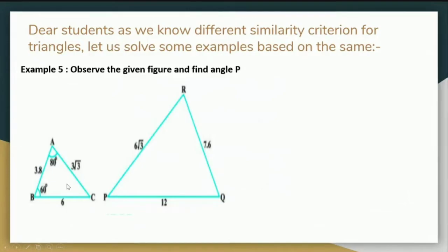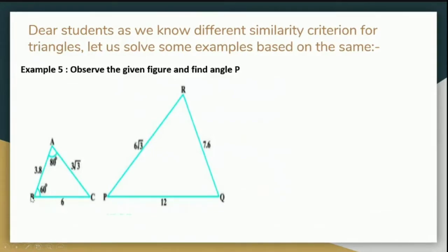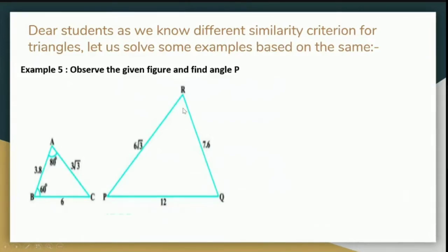Now keep in mind the correspondence. If I go from 3.8 to 6, AB 3.8, so I'll have to go from 7.6 to 12. So triangle ABC will be similar to triangle RQP.